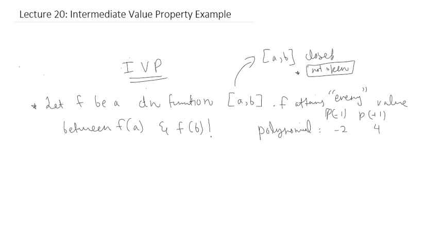Since the function is polynomial, and we know that polynomials are continuous everywhere, right? Except when it's a rational function, but that's a specific case. So if there's a jump from -2 to 4, there has to be a value where p of x equals 0, which means it intersects the x-axis. So the intermediate value property is very much applicable over here, right?